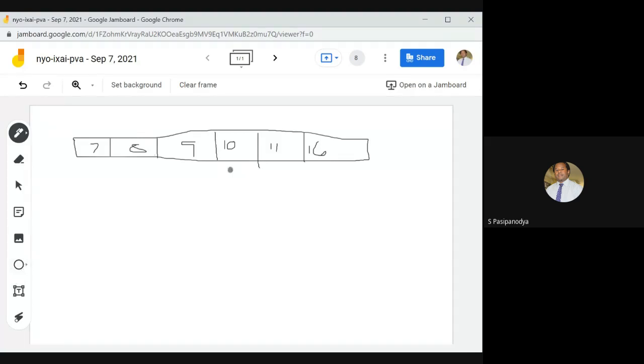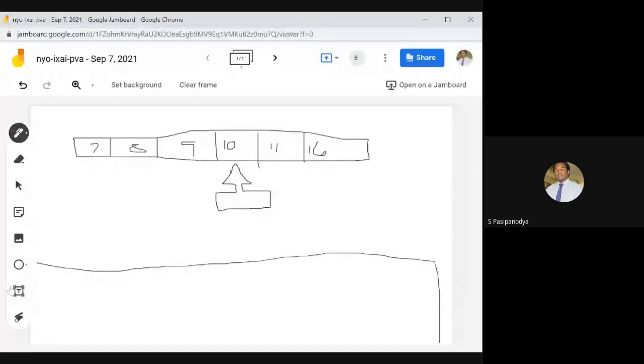And our tape head is currently at 10. Right. And here we have our action table. So we are saying if we look at our tape head, it can either go right or it can go left.